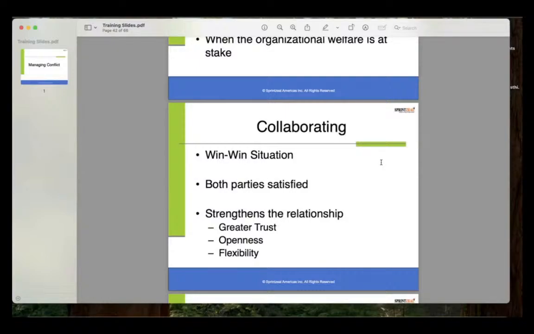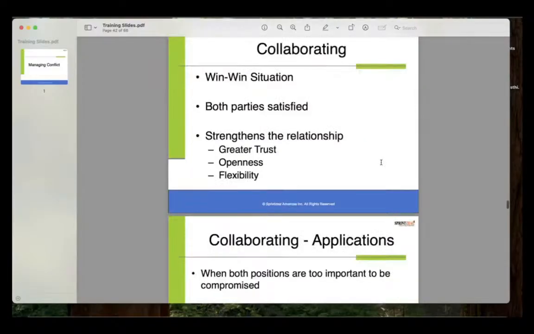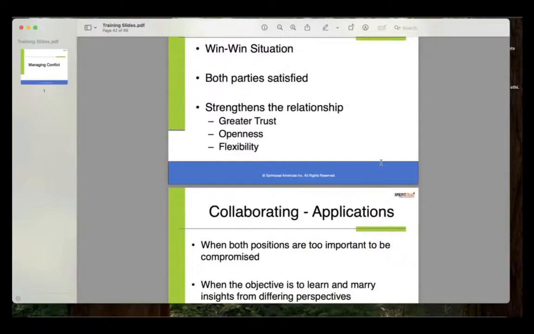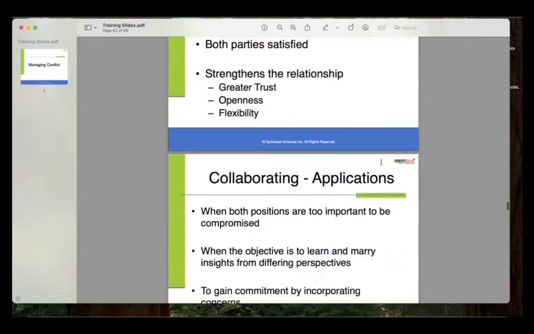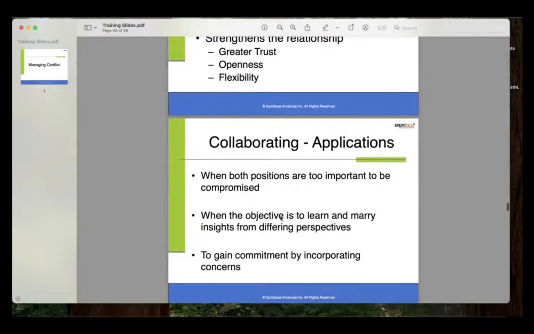If it is about building relationships, then it strengthens the relationship, with greater trust, openness, and flexibility. This is what happens in this collaborating style. Then applications: when both positions are too important to be compromised.